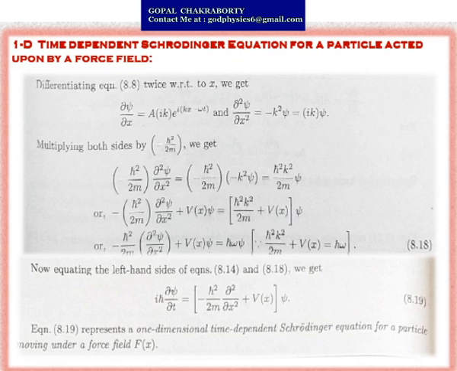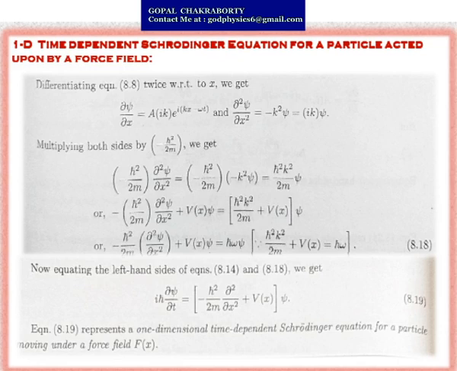Now multiply both sides of this second order space derivative equation by minus h cut square by twice m. I get minus h cut square by twice m del 2 psi del x square equals minus h cut square by twice m times minus k square psi. Minus minus cancels out, and you get h cut square k square by twice m of psi.